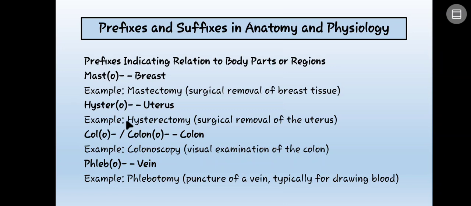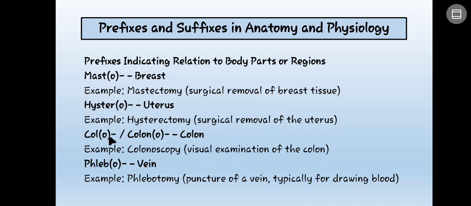For example, if you see the word hysterectomy, it is the surgical removal of the uterus. So when you see hystero anywhere in anatomy, we are referring to the uterus. Masto means breast, hystero means uterus.